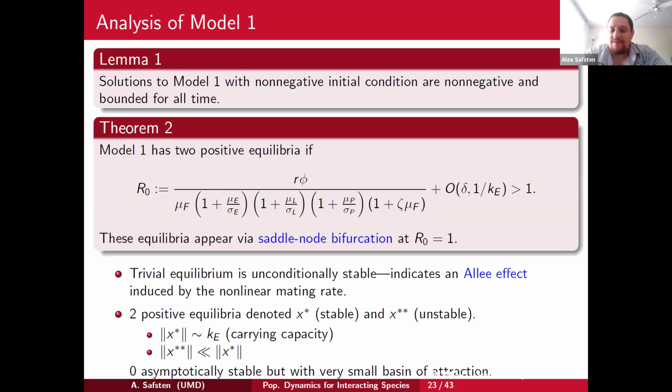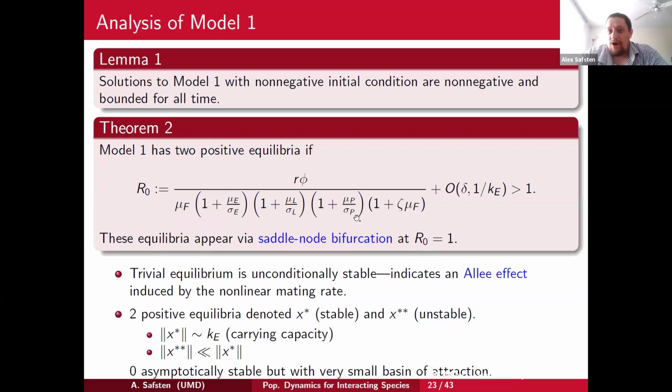We call them X star and X double star. X star is stable and is large. It is about the size of the carrying capacity in terms of how many mosquitoes we have. And it is stable. The other equilibrium, X double star, is very small and it is unstable. We call this the Allee equilibrium, and it represents the Allee threshold.